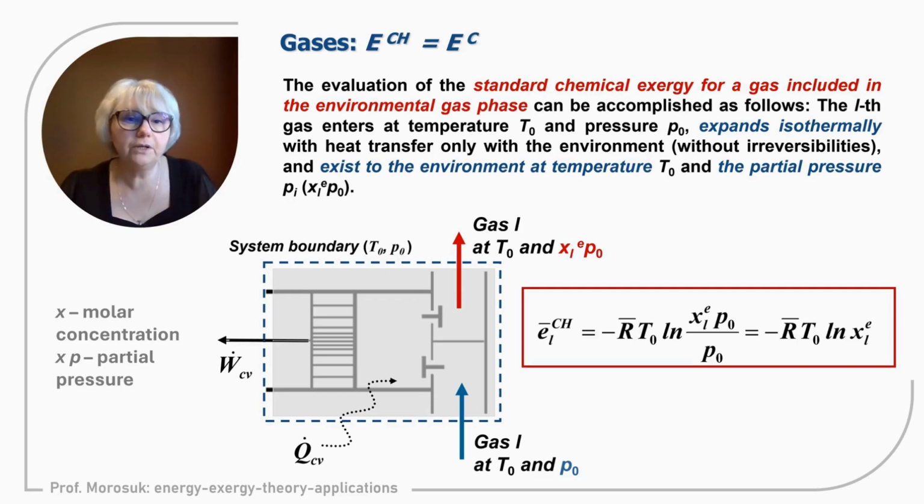Let us assume that we have a hypothetical expansion machine, and the work produced within this hypothetical expansion machine will be the chemical exergy of this substance L, from the reference conditions to the reference conditions of the exergy reference environment, in order to calculate chemical exergy. This equation is well known to us because it is for the ideal gas model for the isothermal expansion process.